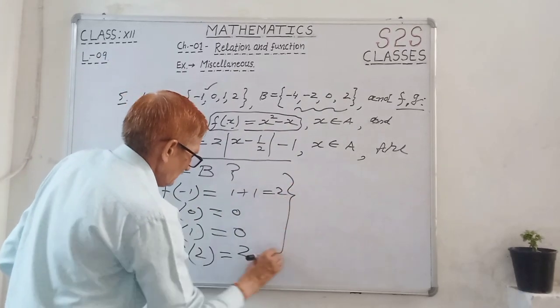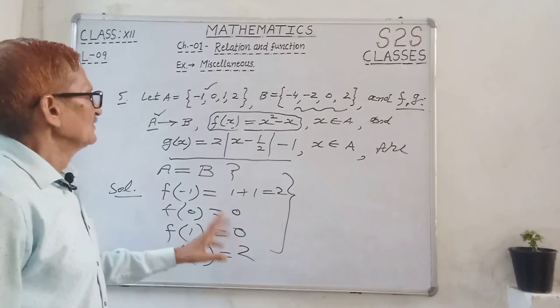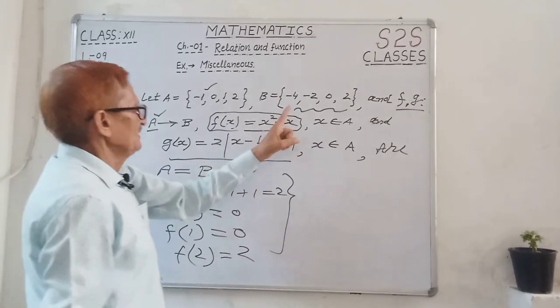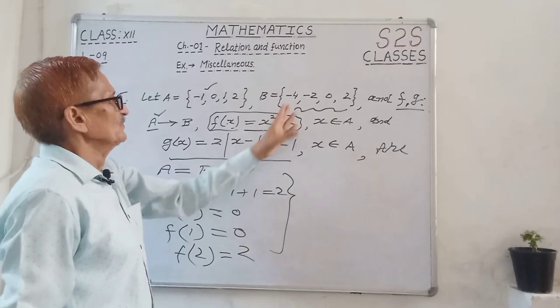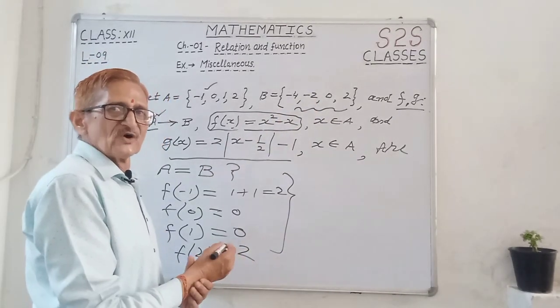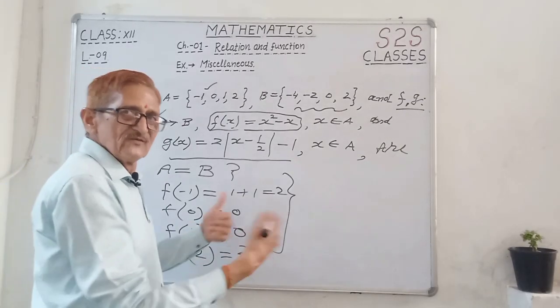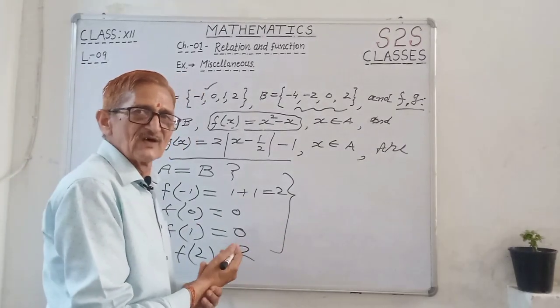So the outputs are 2, 0, 2, which means the output in B is only 0 and 2. It is not one-one, it is many-one. Now we have to check only whether these are equal or not.